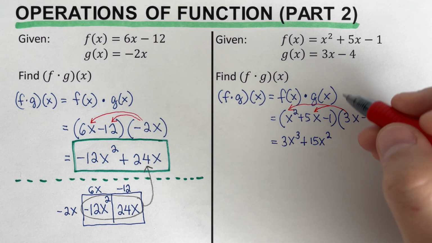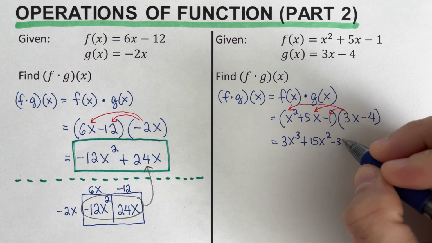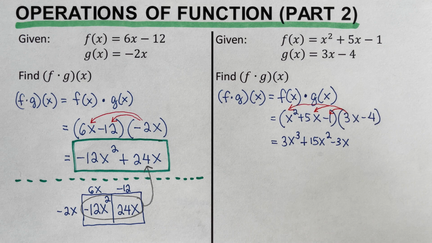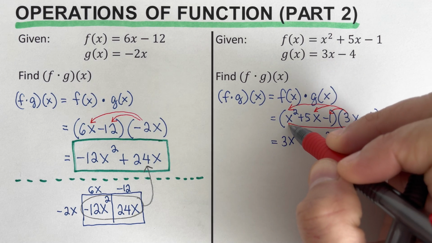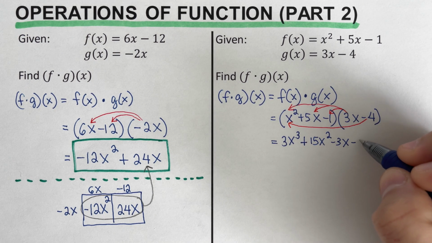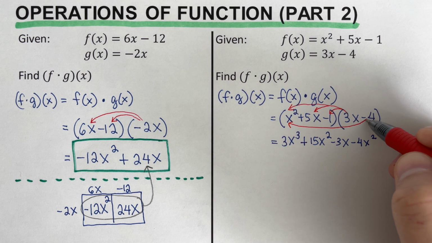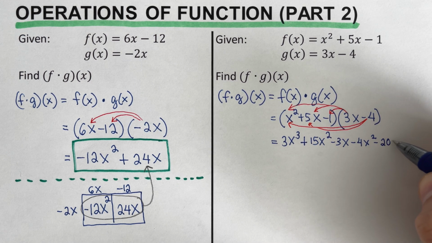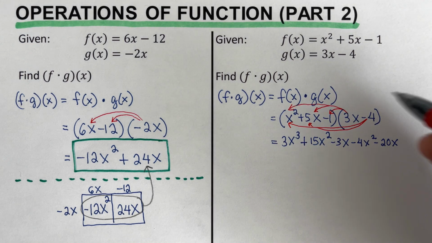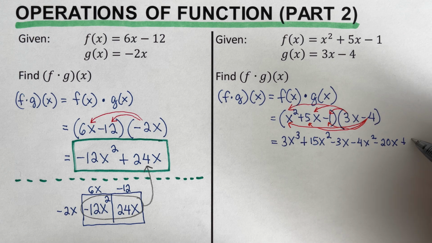Then 3x times negative 1 is negative 3x. Then we distribute the negative 4 to each of the terms inside the parentheses, just like we did with the 3x. So negative 4 times x squared is negative 4x squared, negative 4 times 5x is negative 20x, and negative 4 times negative 1 is a positive 4. So I'm just going to write a plus 4 right there.